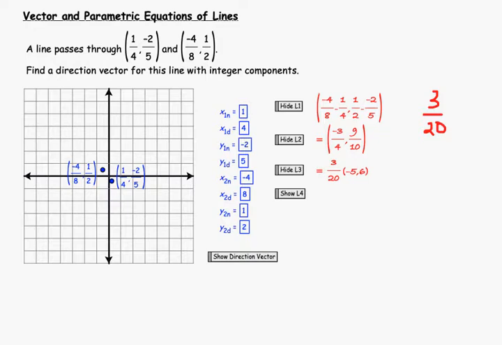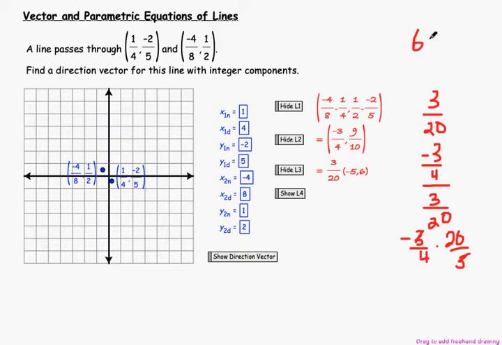And again, how did we get that? I'm not sure how good you are with fractions. We would have to take -3/4 and divide that by 3/20. Dividing by 3/20 is the same thing as multiplying by 20/3. Now you can see the 3's would go, and then I'd be left with 5. Then I'd also have to do the other one.